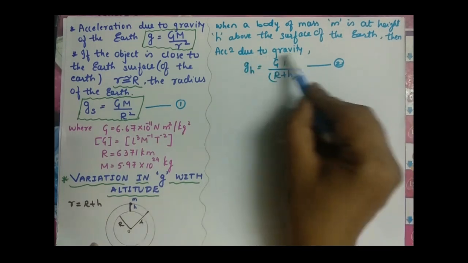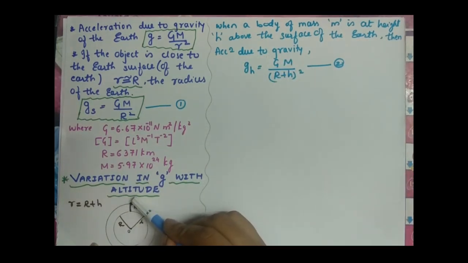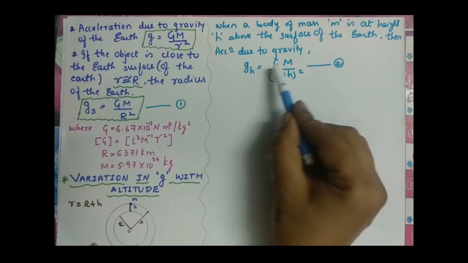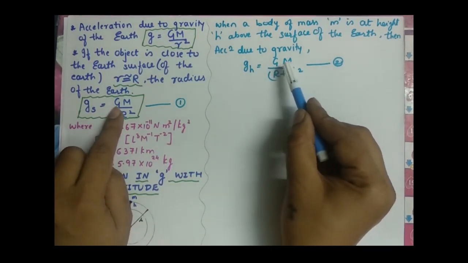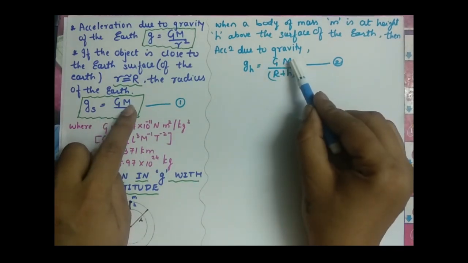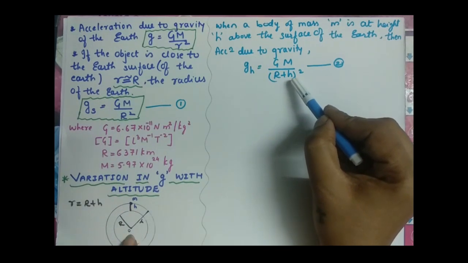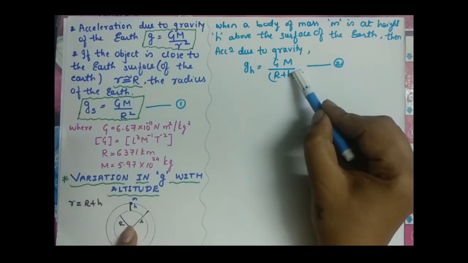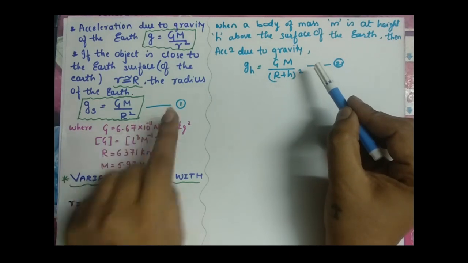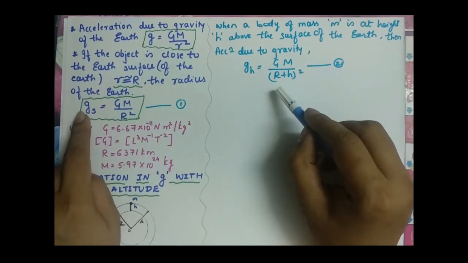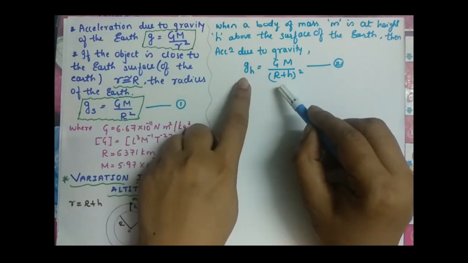Then acceleration due to gravity at this point, gravity at height h, is equal to, you have to just modify this formula, GM divided by, now the height increased from the center of the earth, so we have to take (R + h) whole square. Call it equation 1 and call it equation 2. This is gravity at the earth's surface and this is gravity at the height h.